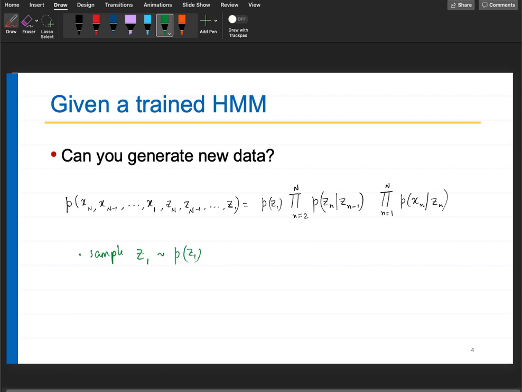So you sample Z1, then what do you do? I obtained this Z1. Now we obtain an X corresponding to it. Yes, very good. Then I can sample X1 from the probability of X1 given Z1. So I obtained X1.